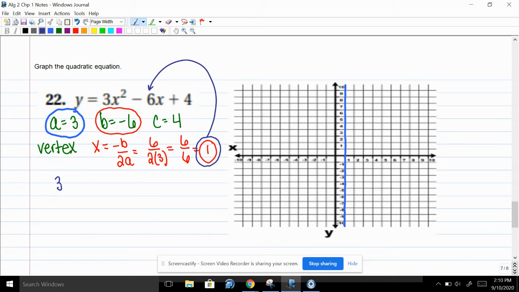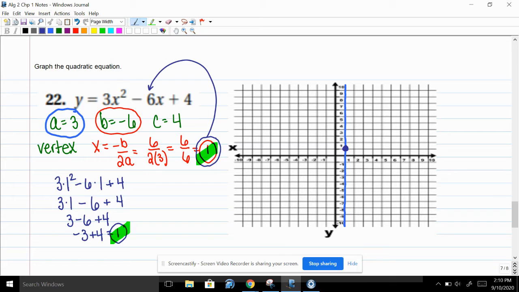So that's going to look like this: 3 times 1 squared minus 6 times 1 plus 4. 3 times 1 squared is 3, minus 6 times 1 is 6, plus 4. 3 minus 6 is -3, plus 4 is equal to 1. So the vertex of my parabola is (1, 1). Your vertex is going to be 1 right and 1 up. So there's my vertex right there, and I know my parabola is going to go up. Okay, so I found the vertex.